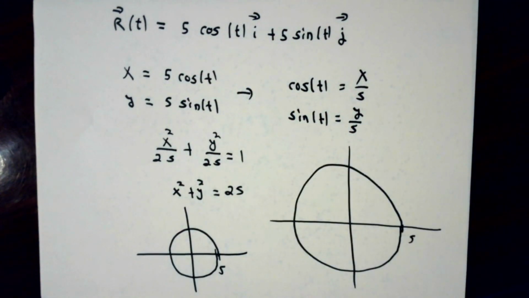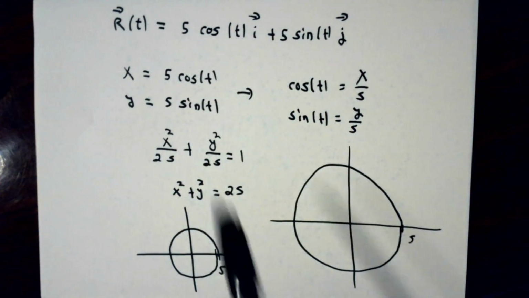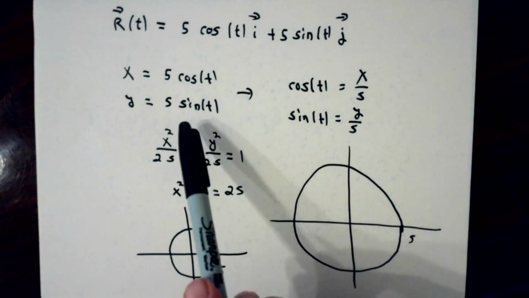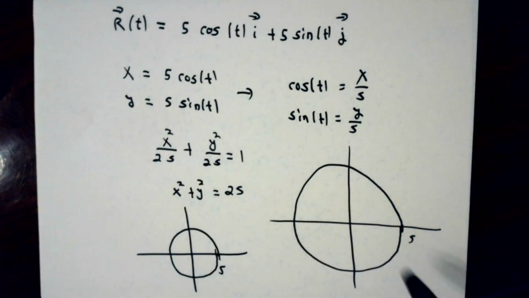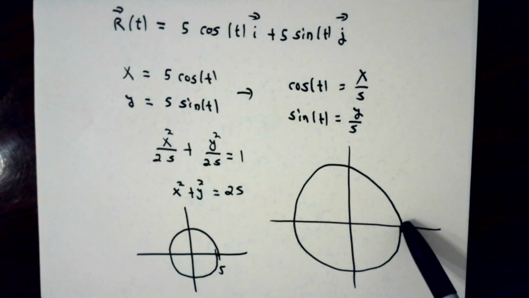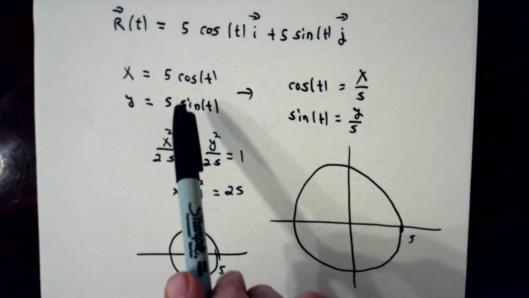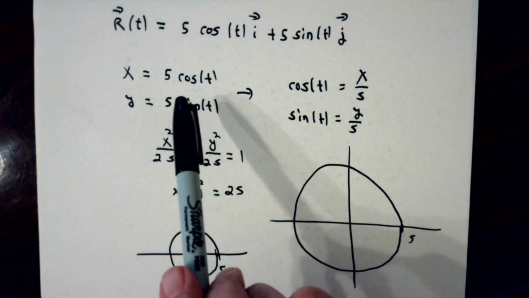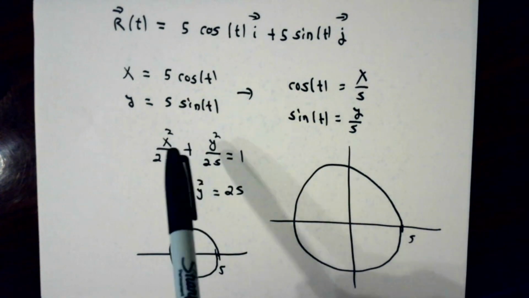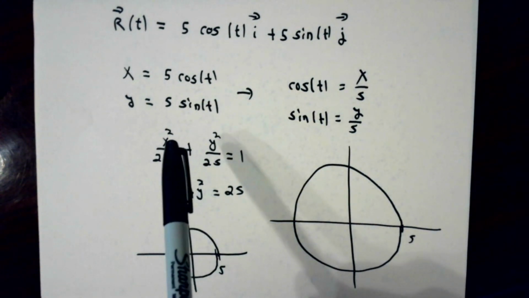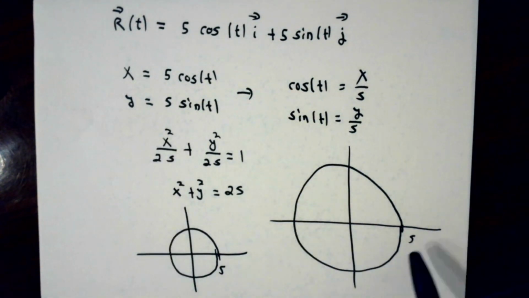So if I think of t as being 0, x would be 5 and y would be 0. t equals 0 is here. If I think of t being pi over 2, x will be 5 times cosine pi over 2, which is 0. y will be 5 times sine pi over 2, which will be 5.